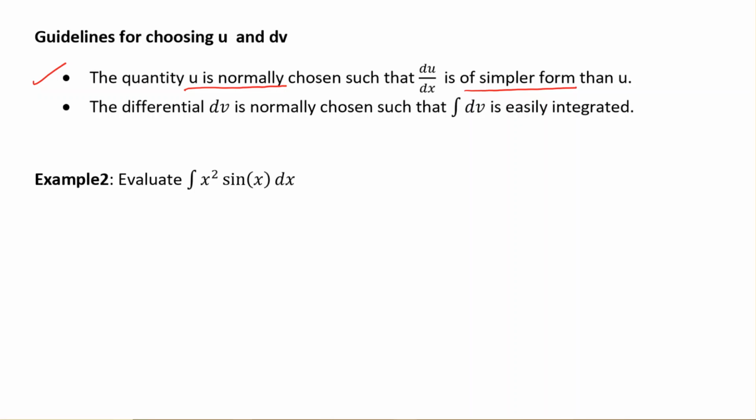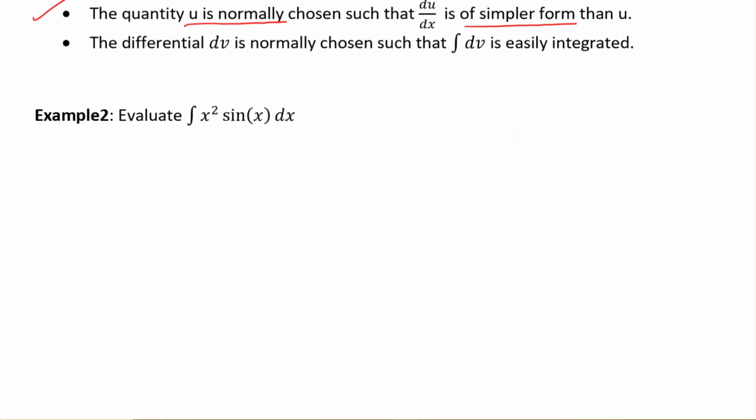Sometimes you have to do integration by parts more than once. So let's see what happens in this example. Here we have integral of x square sine x, and we notice that x square is a polynomial function, so when we take the derivative, it's going to reduce to a simpler degree, right?